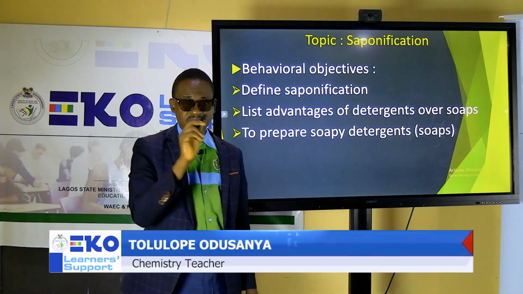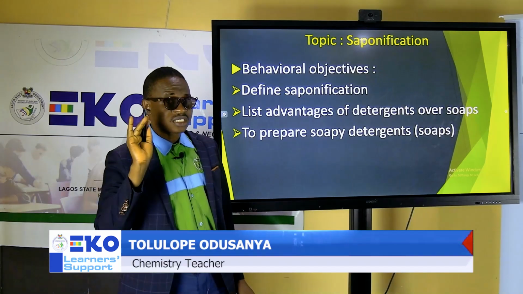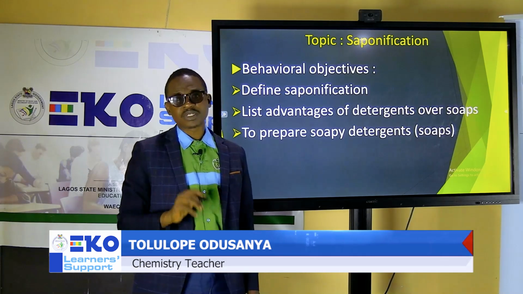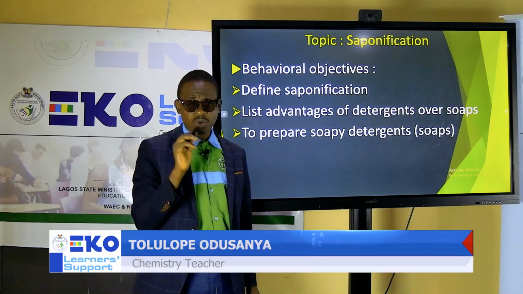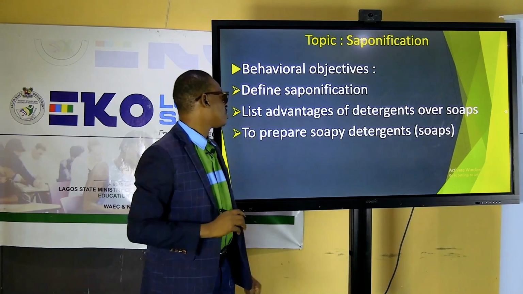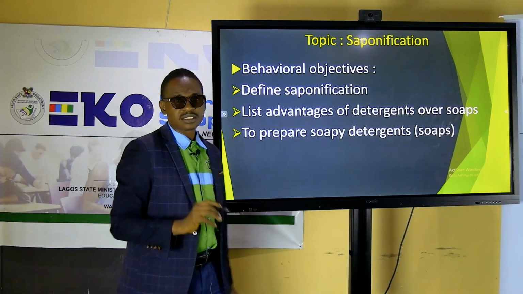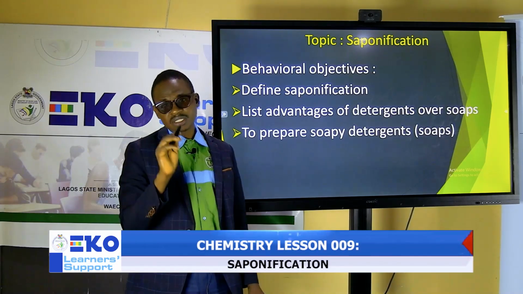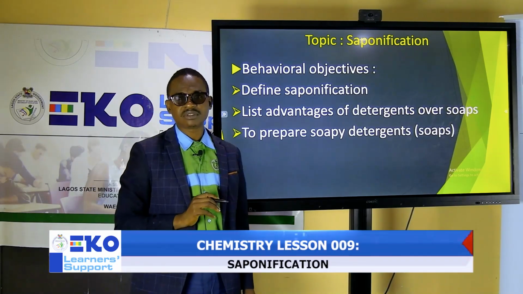Saponification. I wanted to say that. Saponi what? Fication. Good. So what will be our behavioral objectives? What do we want to achieve at the end of the class? The first one is to be able to define saponification itself.